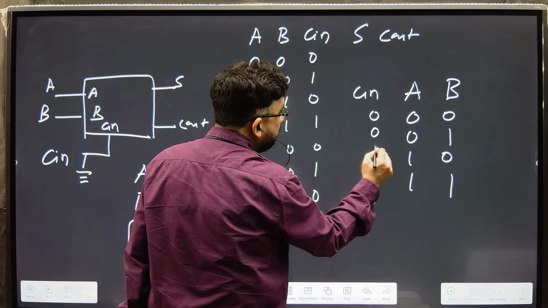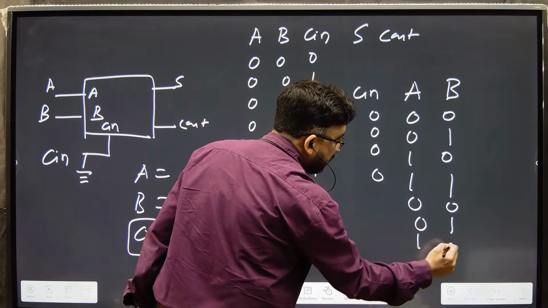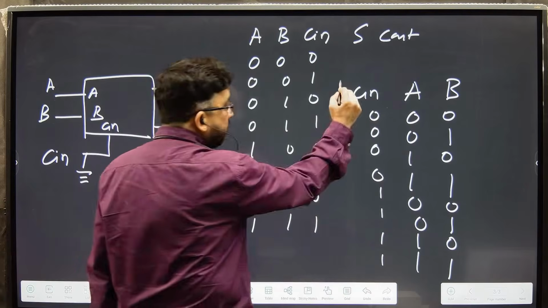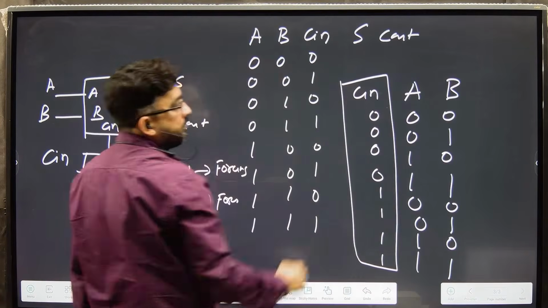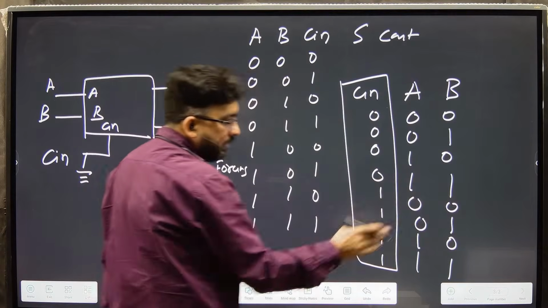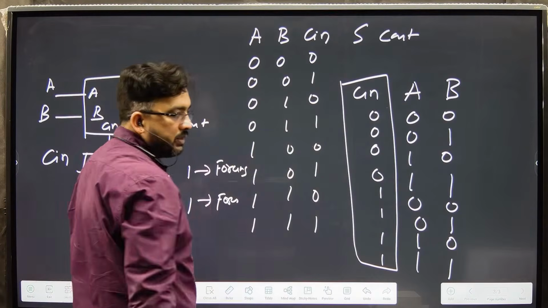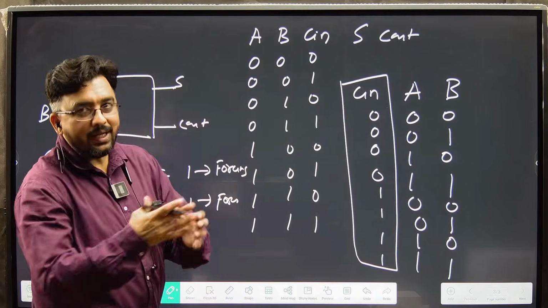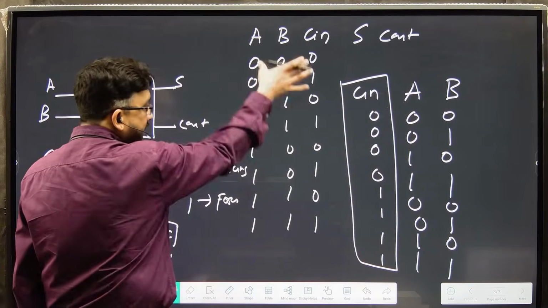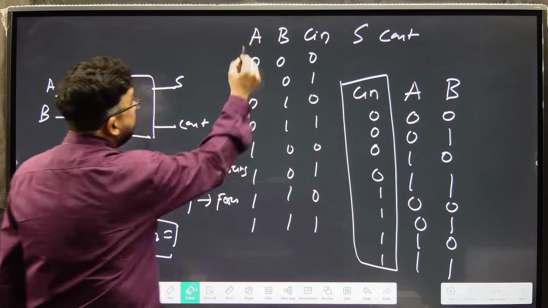So 0 0 0 0, and then 0 0 0 1 1 0 1 1 1 1 1 1. In this way also you can take it up. If you assume a third interface or third signal, then you are considering three different variables, and then you have eight different options.